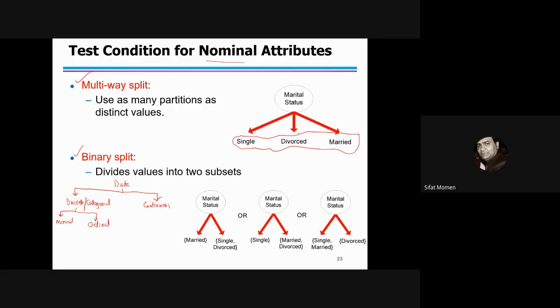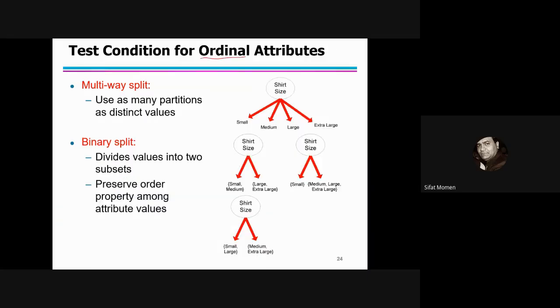Because marital status, is it discrete or continuous? In this example, it's discrete, and therefore it could be nominal or ordinal. In this example, it is nominal, right? Let's take an example of an ordinal attribute. Let's say shirt size, and let's say the categories that you have are small, medium, large, and extra large.